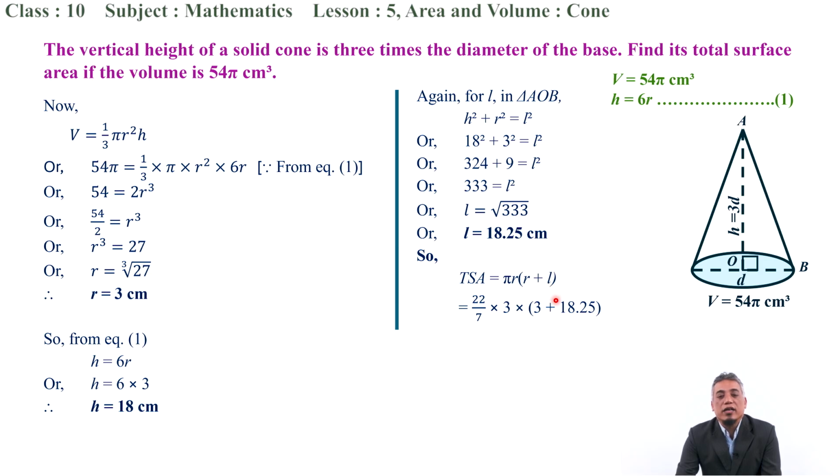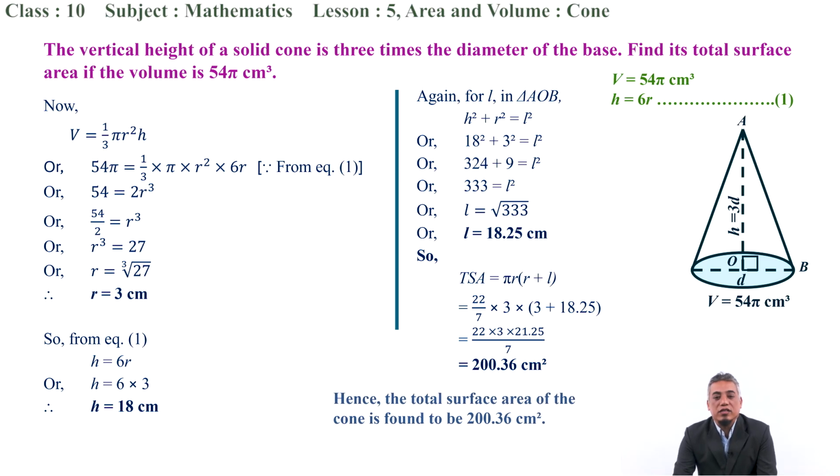So L is 18.25. So this is found here. And we first add them. It gives 21.25, and that will multiply with 3 and 22. All these are numerators, and divided by denominator 7, giving the final answer 200.36 centimeters square. Yes, okay, this is the answer.